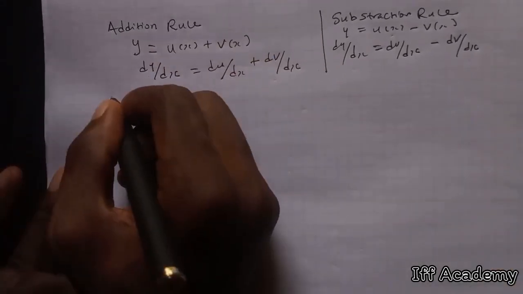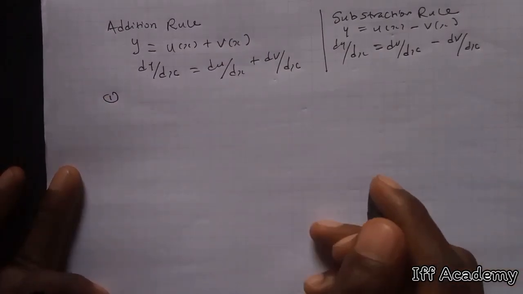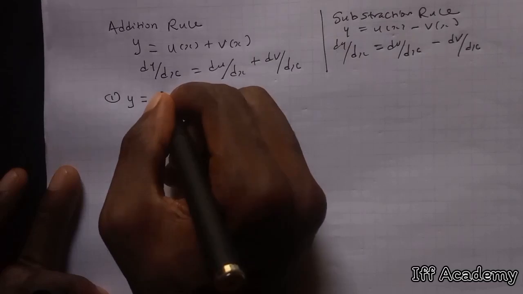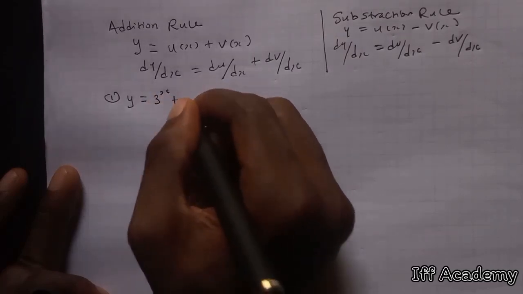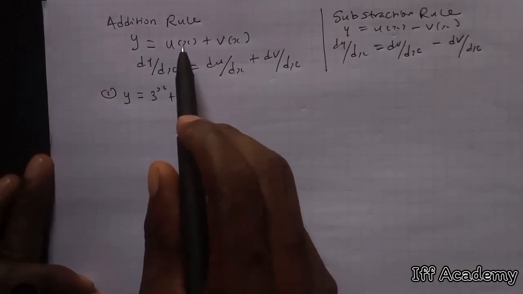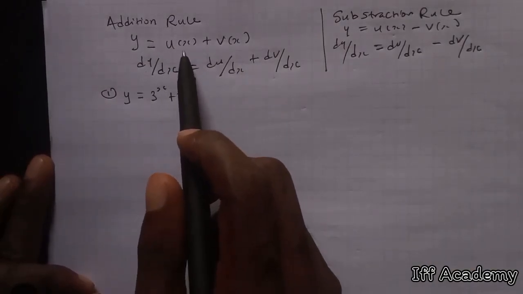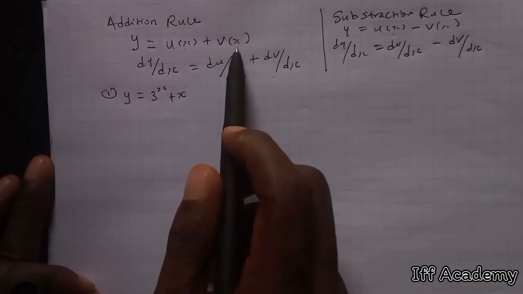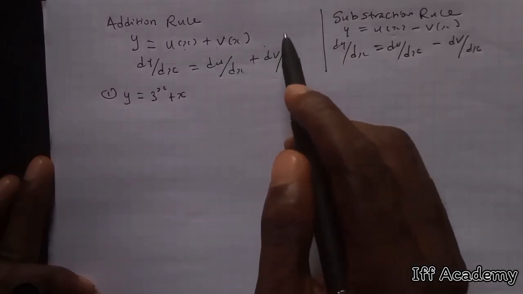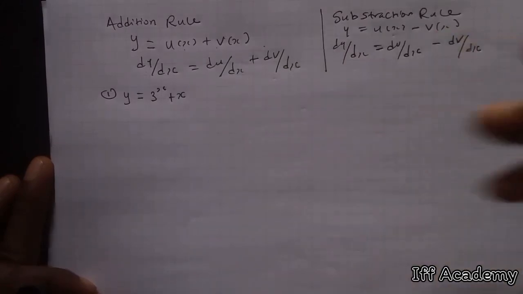So question 1, let's say I have y equals 3 raised to power x plus x. So from the addition rule, what it simply says is that you find the derivative of each of the individual terms. So if I have another term here, let's say w, that'll be dw over dx, and so on, right?